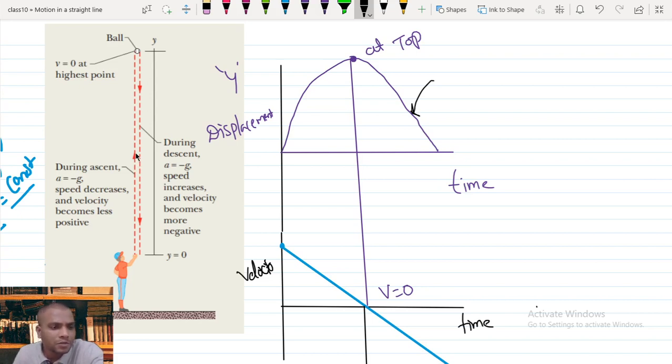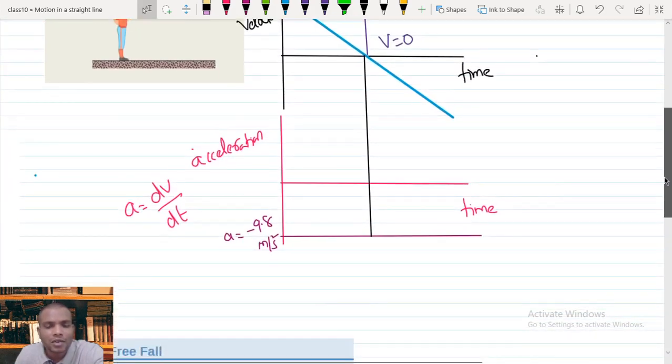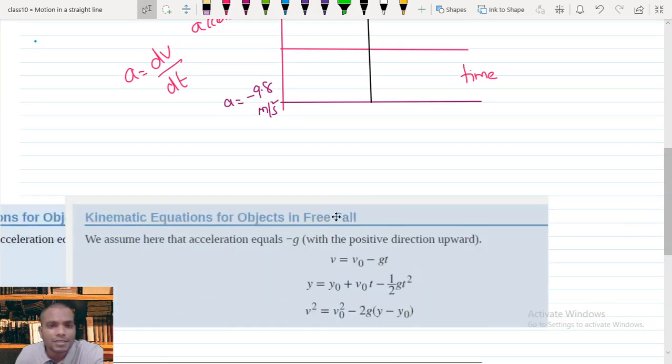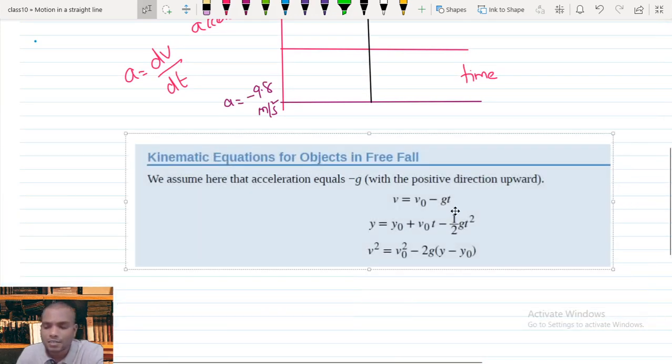So whether during ascent or during descent, in any case the acceleration due to gravity is always negative. In both cases, the free fall kinematic equations remain the same. There is no change in the three equations of motion, both in the upward direction and the downward direction.